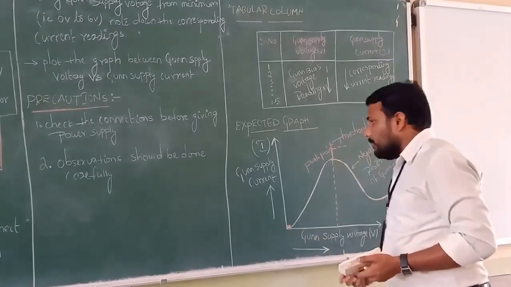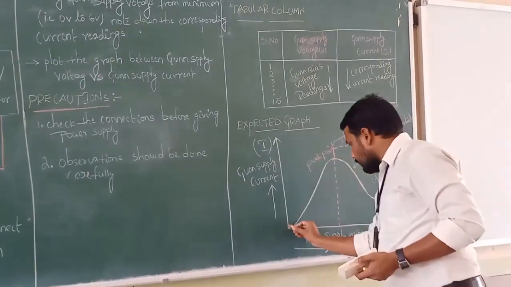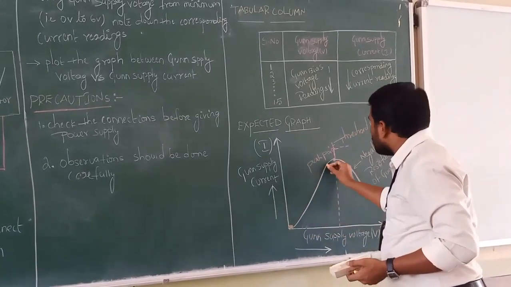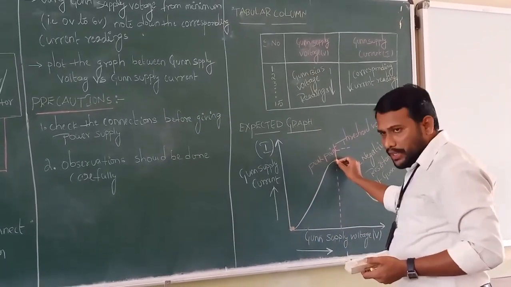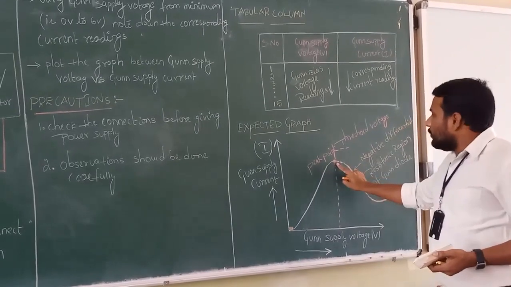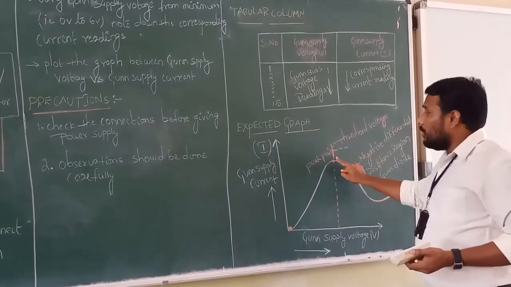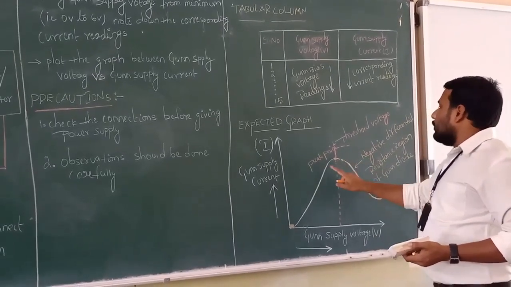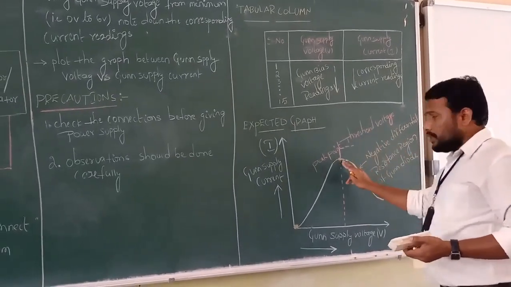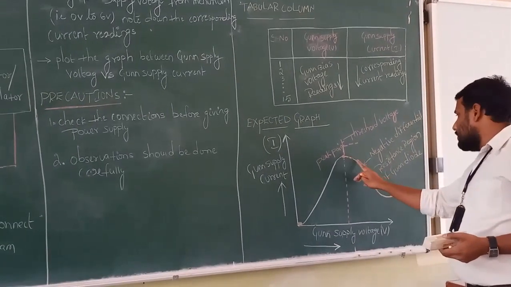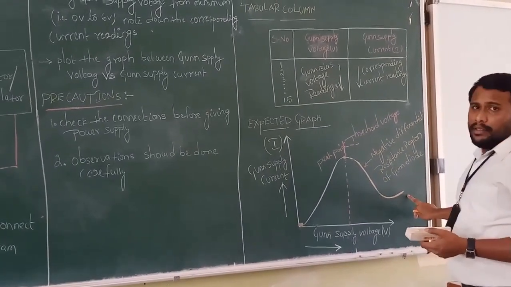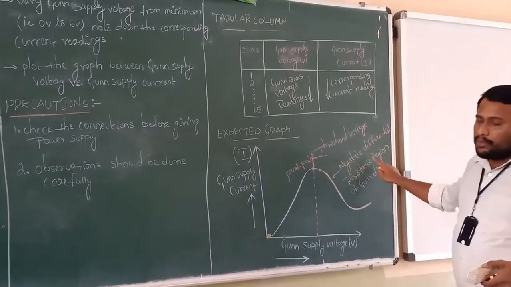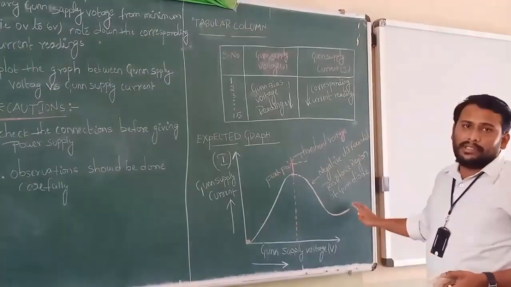By varying the supply voltage or Gunn bias voltage, the current keeps on increasing up to a particular point, and that point we name the peak point or threshold voltage point. After the peak point or threshold voltage point, the current drastically decreases, and it creates the negative differential resistance region of the Gunn diode.